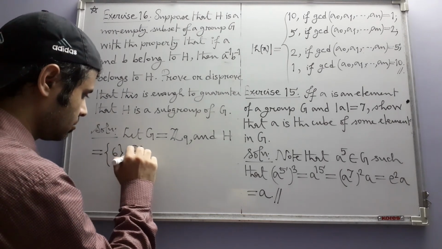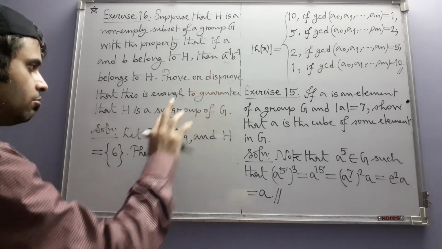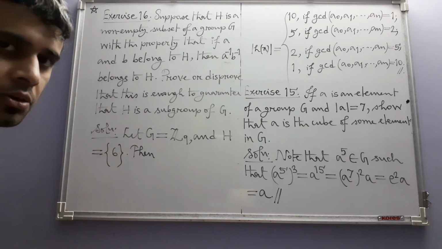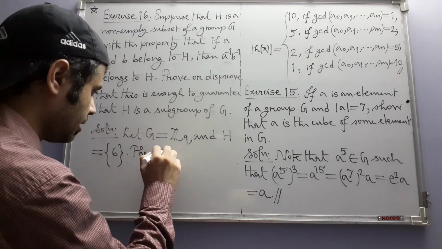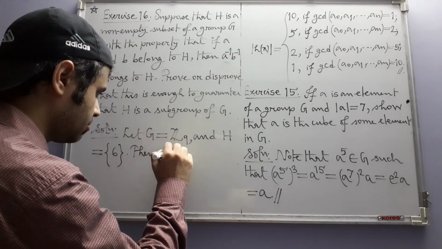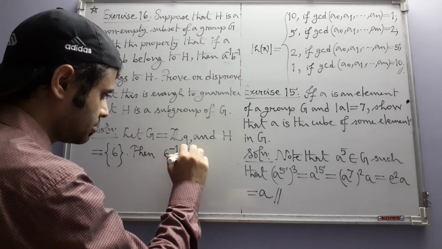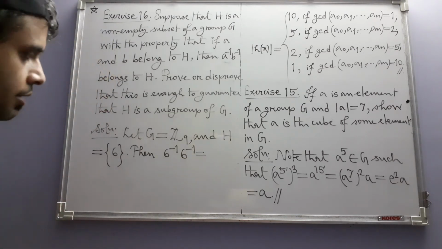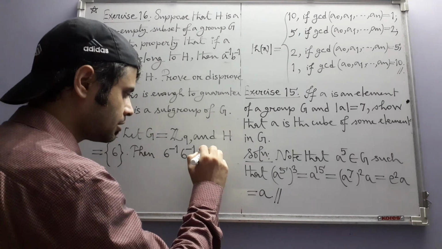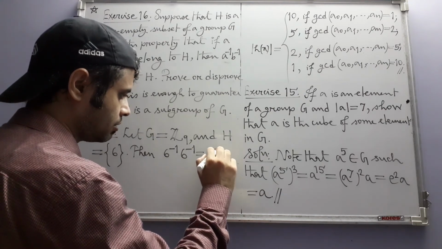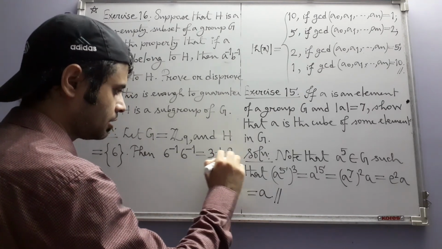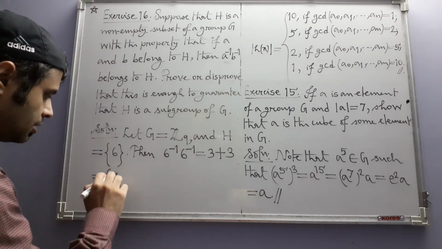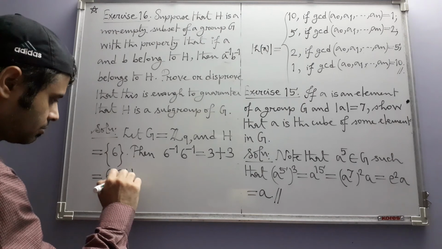Then if you take two elements from H, here both the elements have to be 6 because that is the only possibility, and if you calculate 6 inverse, keeping in mind that we are in an additive group, so 6 inverse is 3, and again 6 inverse is 3. So 3 plus 3 is equal to 6, and this belongs to H.